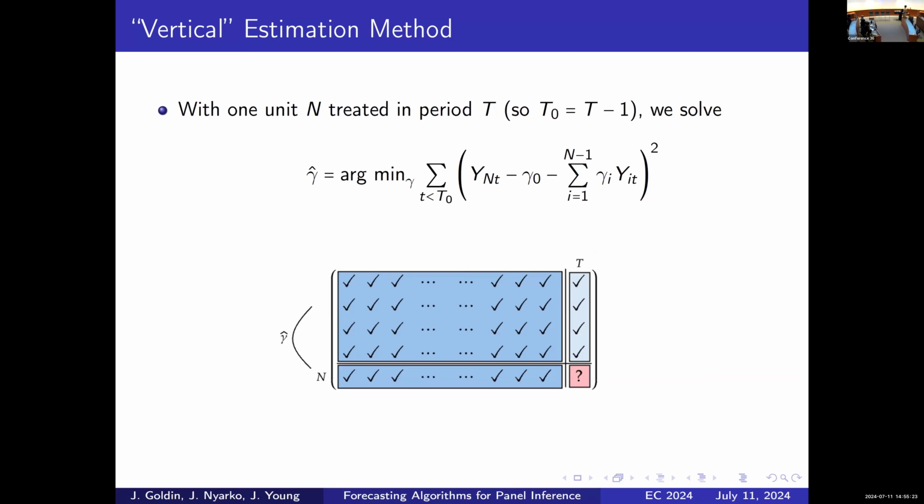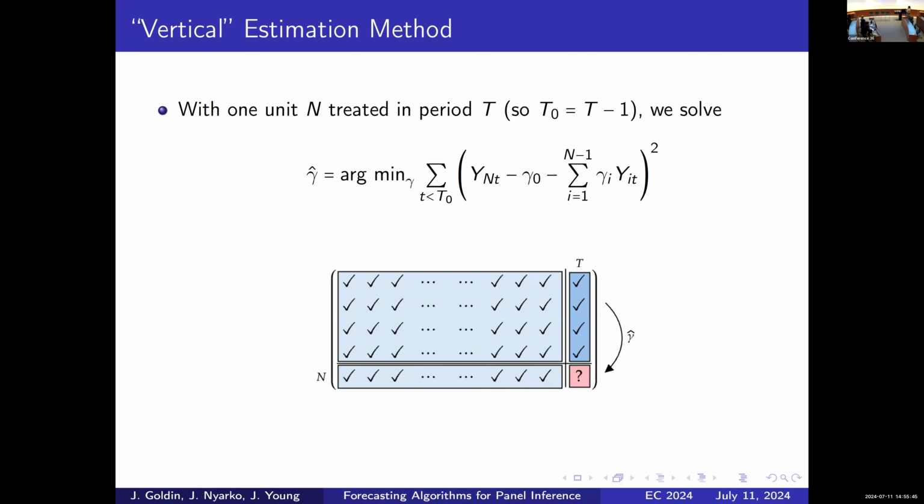We assume that the pattern across units is stable across time. So I can learn a set of weights in this dark blue here and apply those same weights in the post period. In this way, I leverage information only in this one unit directional way.